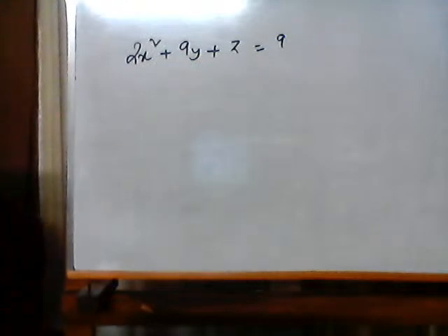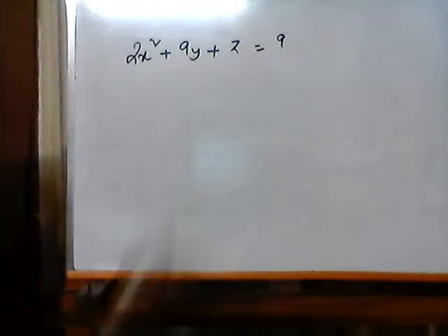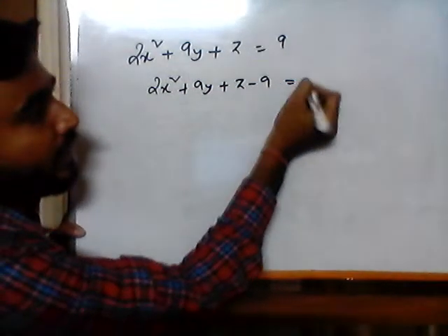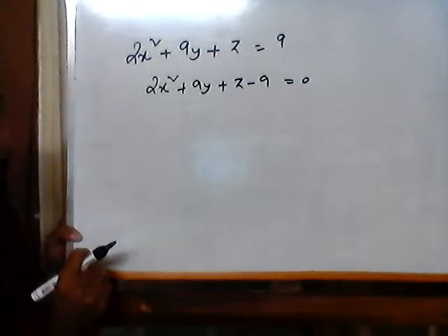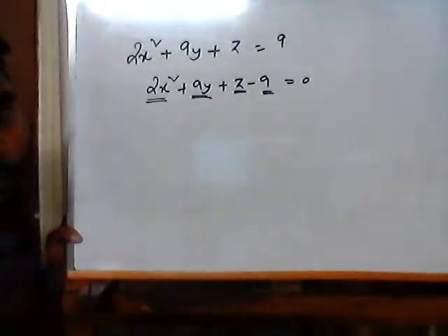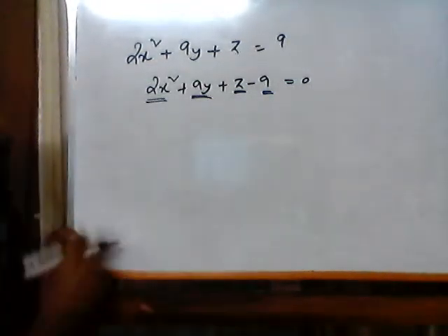Can you comment? 3, yes, exactly. It can also be written as twice x square plus 9y plus z minus 9 is equal to 0. Now how many parts are there? 1, 2, 3 and 4. There are 4 terms, since I took 9 to this side.